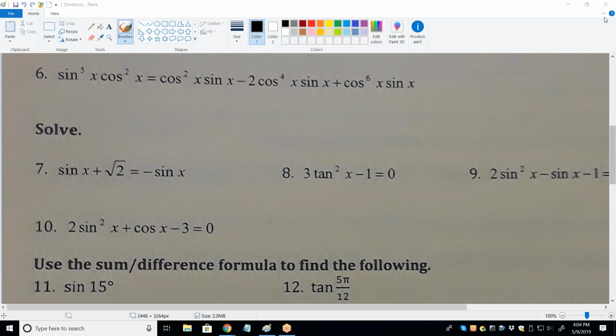Okay. Number 4 is a whole other question. Let's talk about 6.